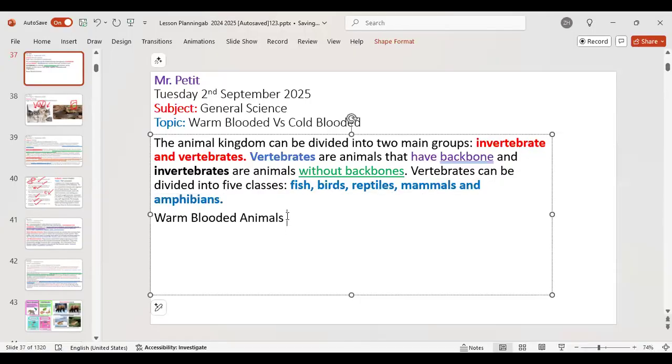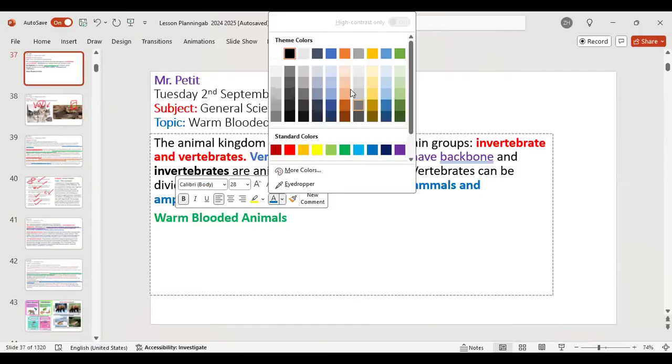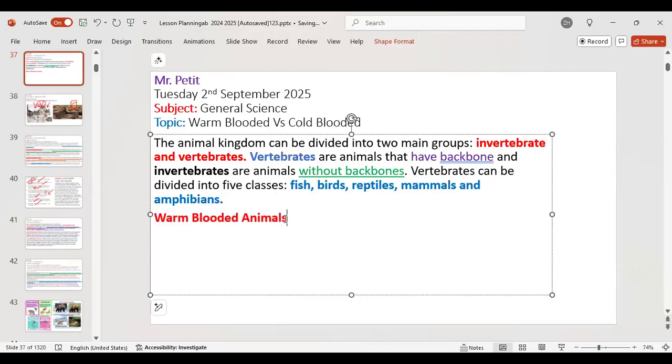Okay, good. Now we're talking about warm-blooded animals. Warm-blooded animals are animals that can keep their temperature no matter what the temperature on the outside is.